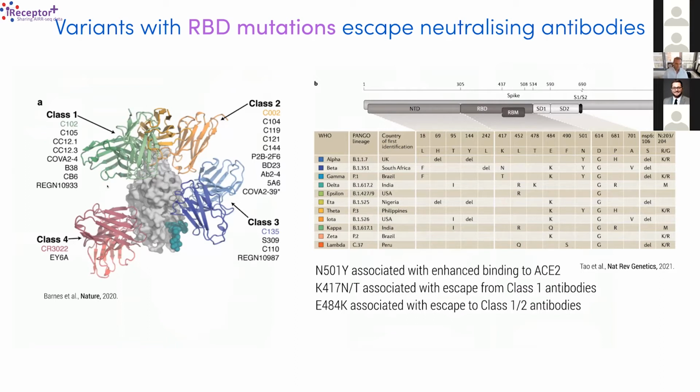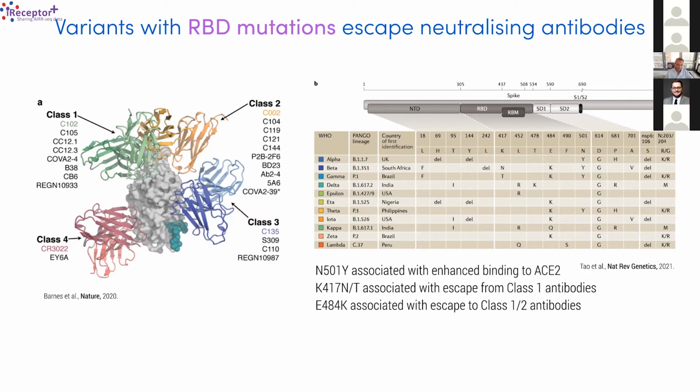And this is a really nice classification system that was established by Chris Barnes from Pamela Bjorkman's group, kind of established last summer, more or less. What they essentially describe is that there seem to be a lot of antibodies that can be grouped together based on their structural footprint onto the RBD.